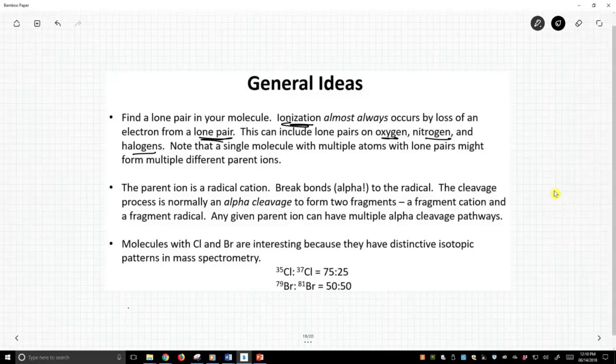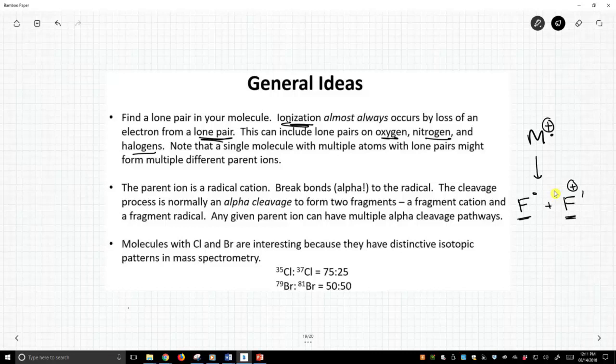Once we form our parent ion, our radical cation, it can fragment, break into pieces. And I've put the prime there to show that this fragment is going to be different from the other fragment. The pieces don't have to be equal halves. You can have small pieces and large pieces break off.